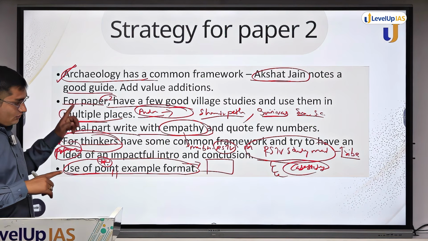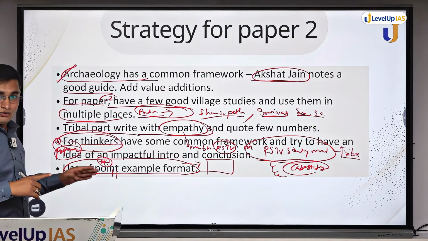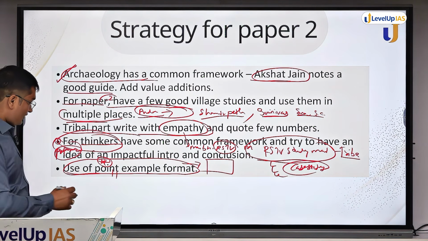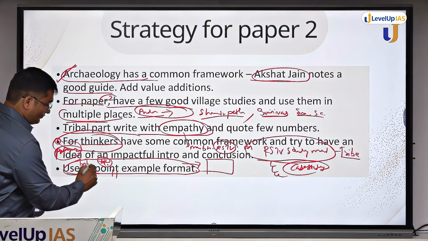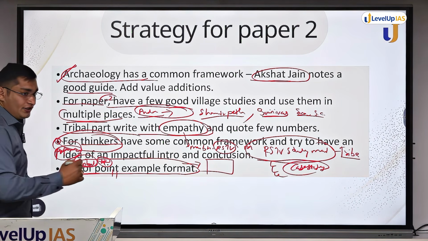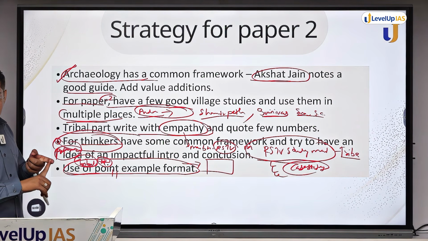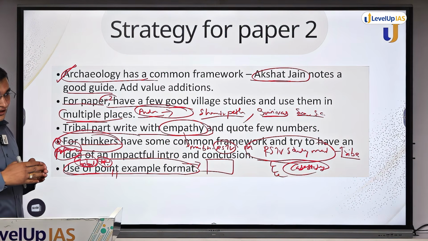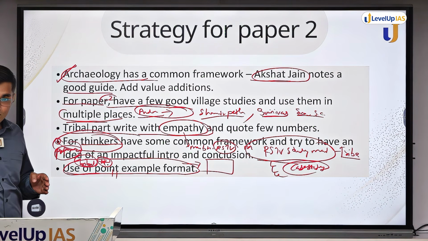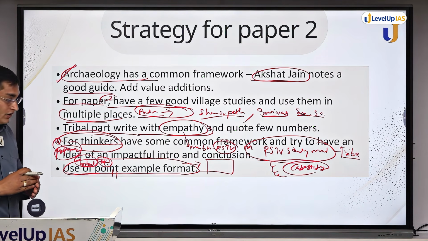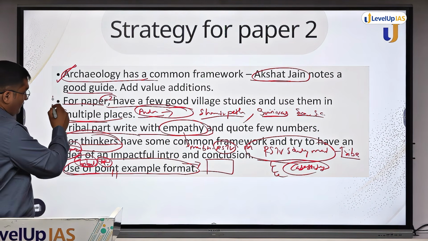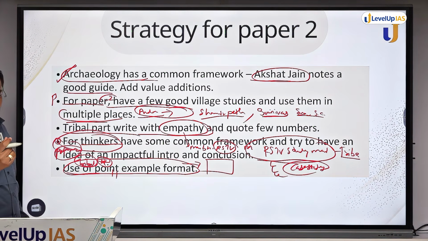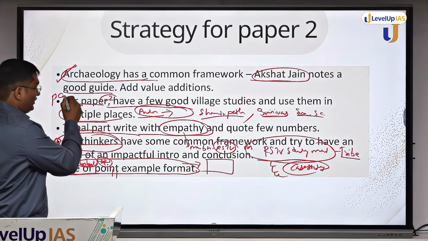In paper 1, you can utilize paragraphs even more. Point example, especially in the tribal part: if you do this religiously, you will have a lot of case studies, and writing each case study fully will be tough because there is a word limit. So if you have a unique thing or that particular question demands it, then write that case study fully.